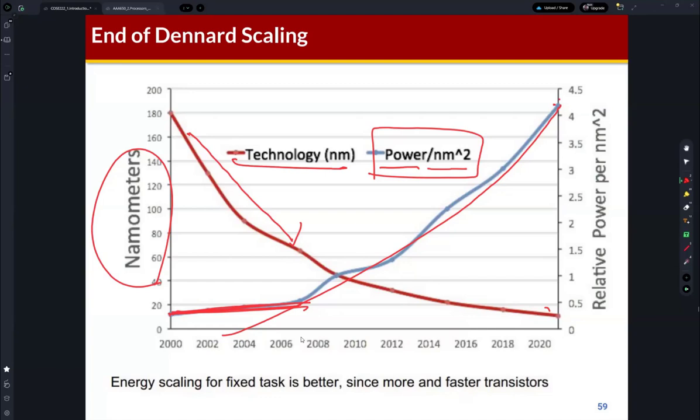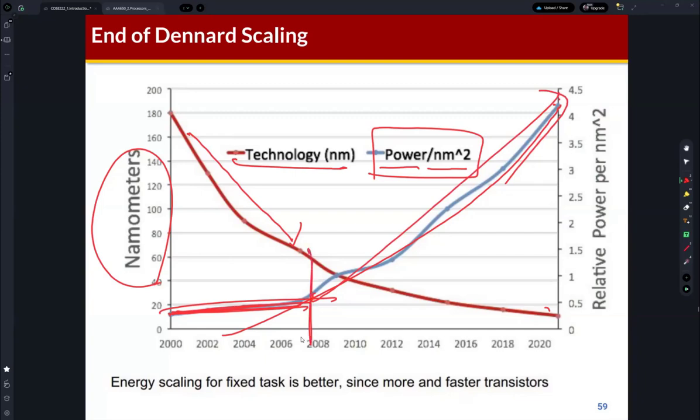The device becomes smaller, so we can put more devices in the same area. This is a good thing. Also, the frequency can be increased, but power is the same.